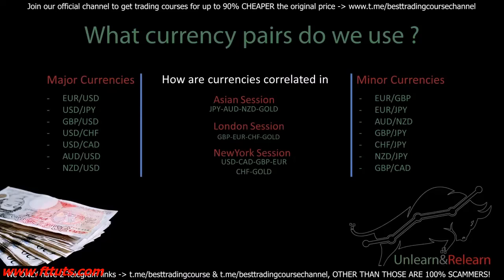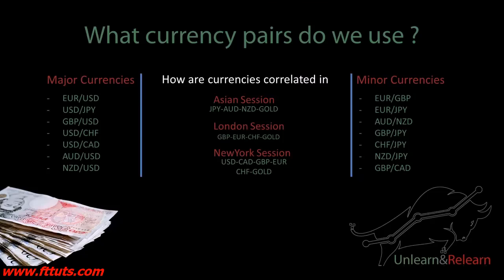The USD is open, CAD is open, the pound is open, and you have the Swiss franc and gold. Now gold is mostly moved based on the Australian dollar, because with the Australian dollar, gold is directly correlated. I don't expect anyone to use this information in their trading because it's a bit of an advanced concept. Gold is also influenced by the US dollar, and by the yen because they're both safe havens.